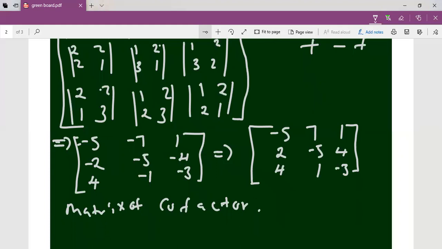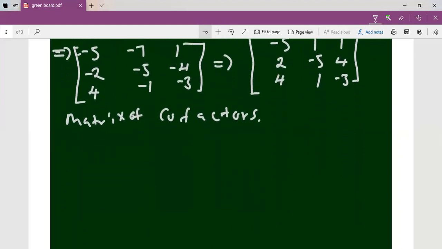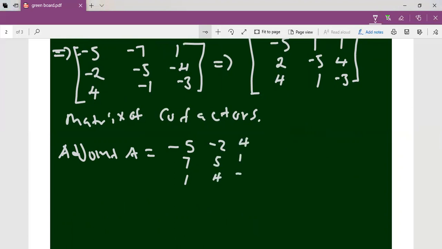So to find now the adjoint of A, we must find the transpose of the matrix of cofactors. So the transpose of the matrix of cofactors will be -5, 7, and 1, -2, 5, and 4, 4, 1, and -3.